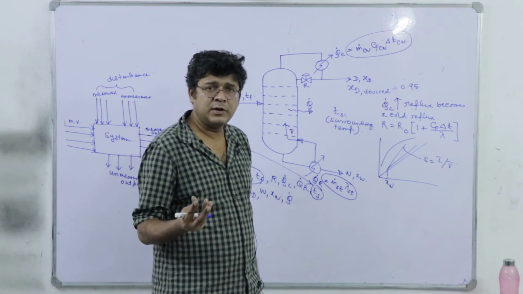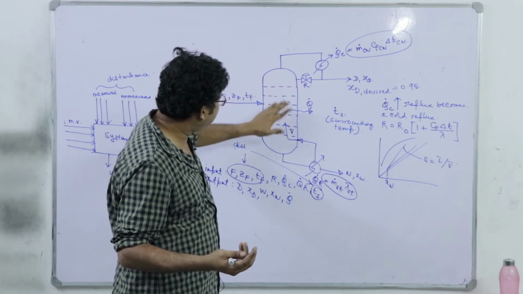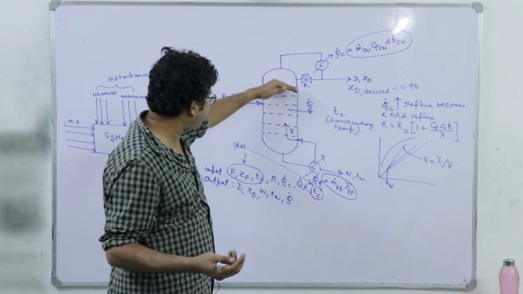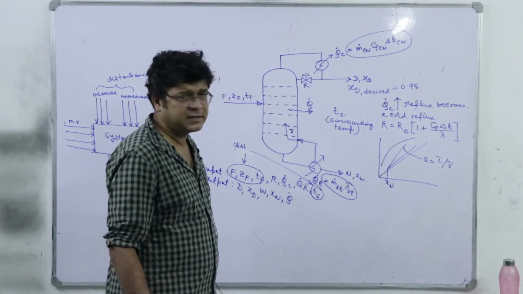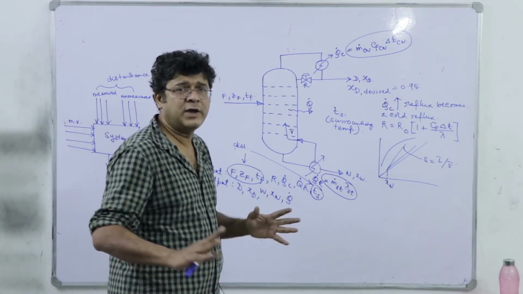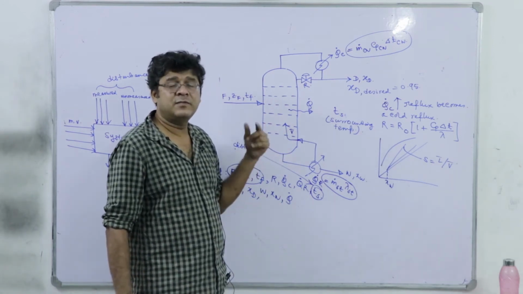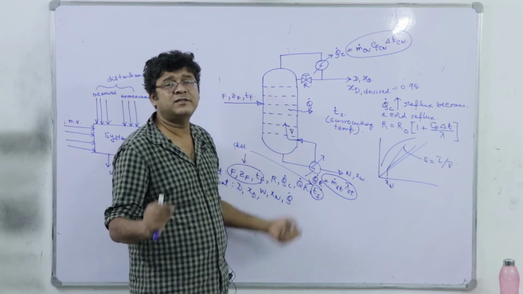Q dot is an output. So once it is increasing, definitely for the same flow rate, same temperature, everything, the temperature in the trays of that column is going to decrease. Individually they are going to decrease. As it decreases, it will alter the equilibrium relation, because vapor liquid equilibrium we know depends heavily on temperature.